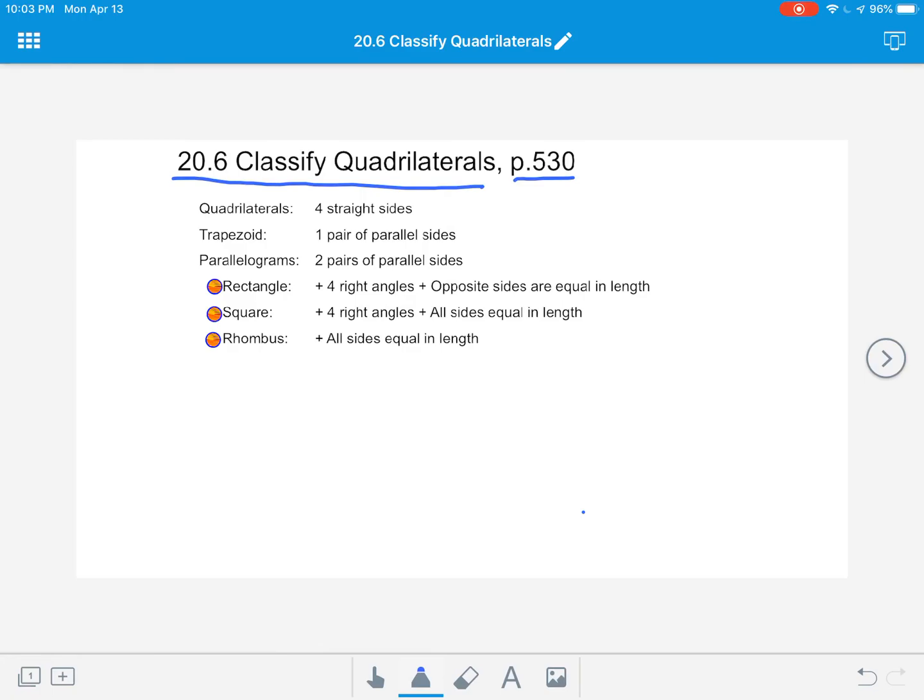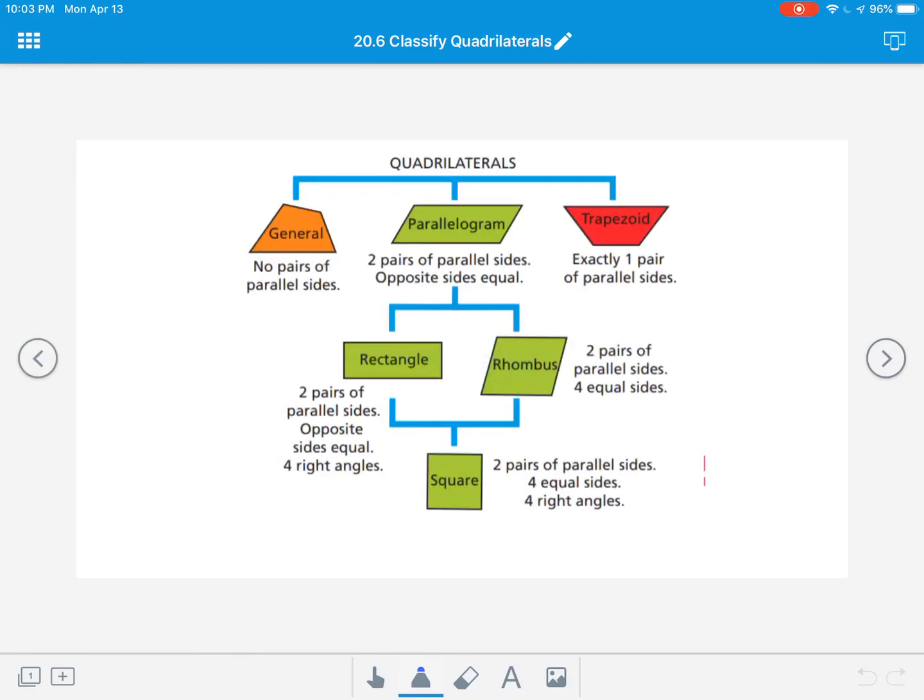When you're all set up, please pause the video and write down the following vocabulary in your journal. You have two choices though for vocabulary today. I'd like you to decide which is best for you to copy. I've simplified some notes here, or on the next page, there is a graph with the same information.